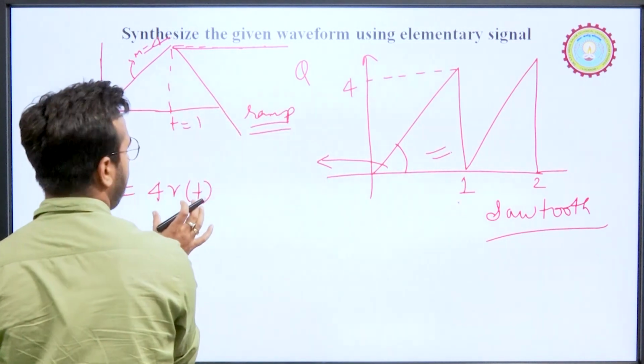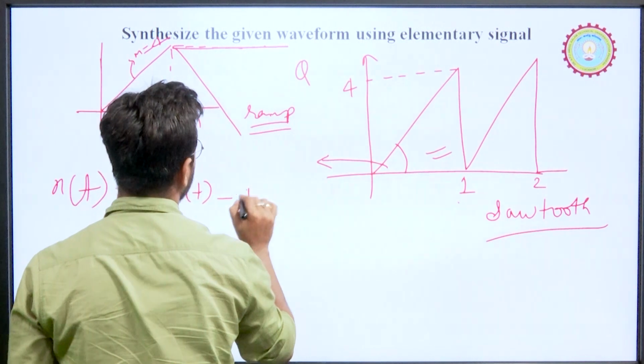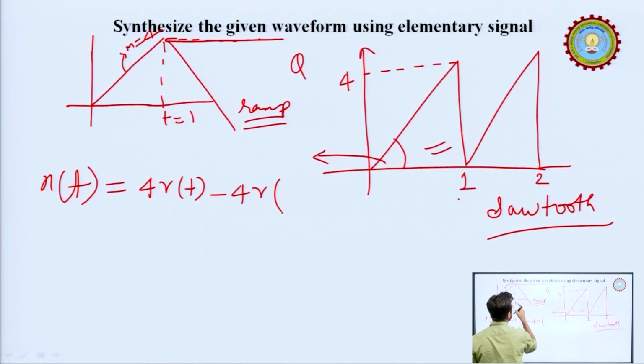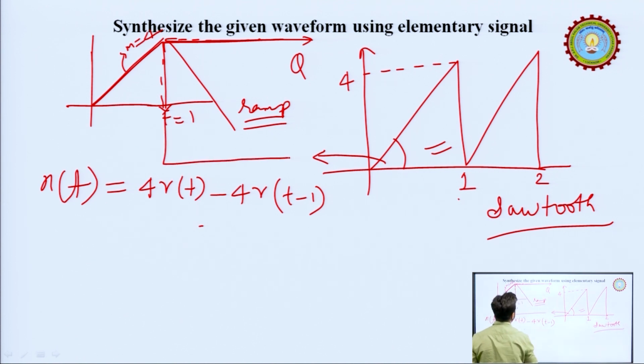So 4 r(t) will give this, then minus 4 r(t minus 1). If we add this, we will get this, which is the final, but we are required to drop it at t equal to 1. So we will add a negative unit step signal, because if you add a negative step signal, it will come down like this.